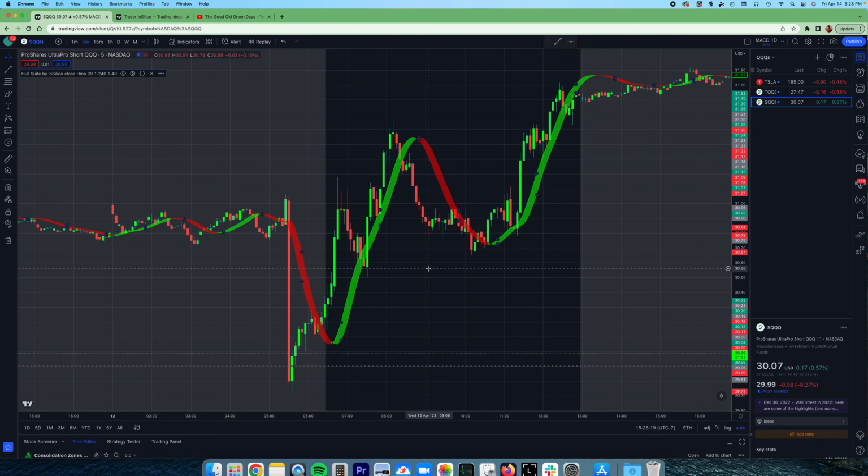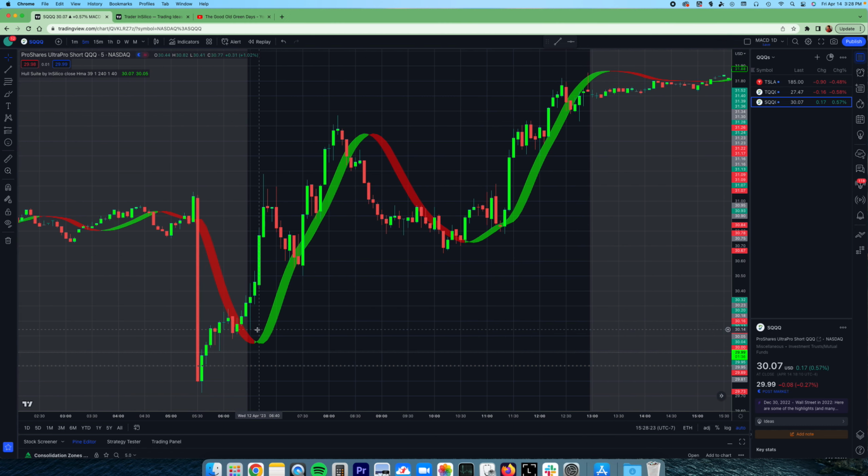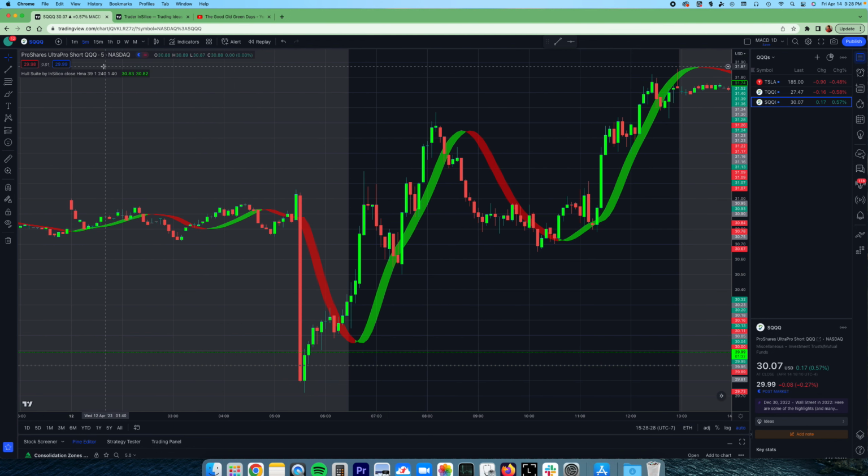So that's what works best for day trading, and basically you're getting in when it's green and you're getting out when it's red, but it's more complicated than that.